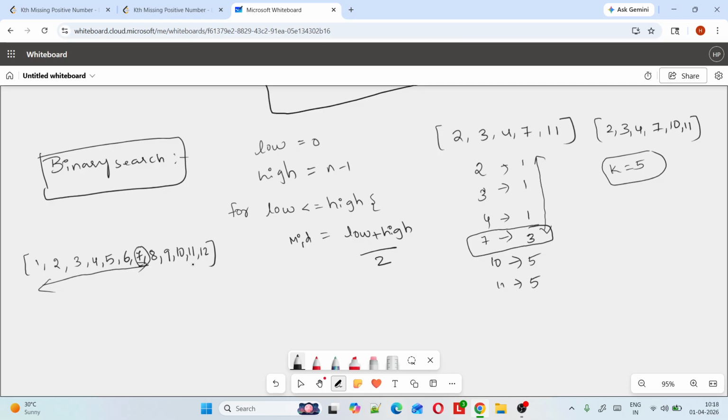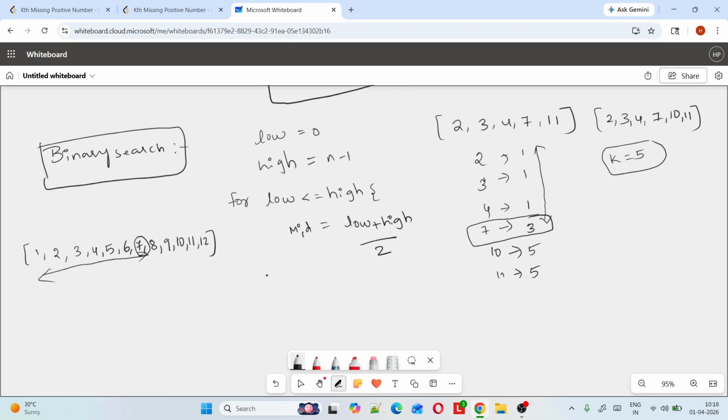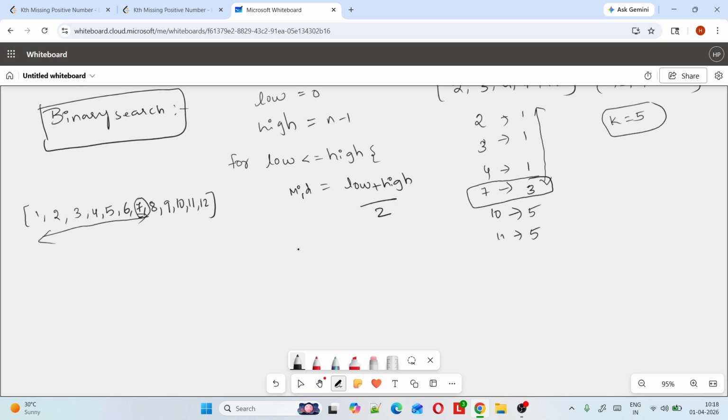Now you have to find the first index where our count of missing numbers is greater than or equal to k.